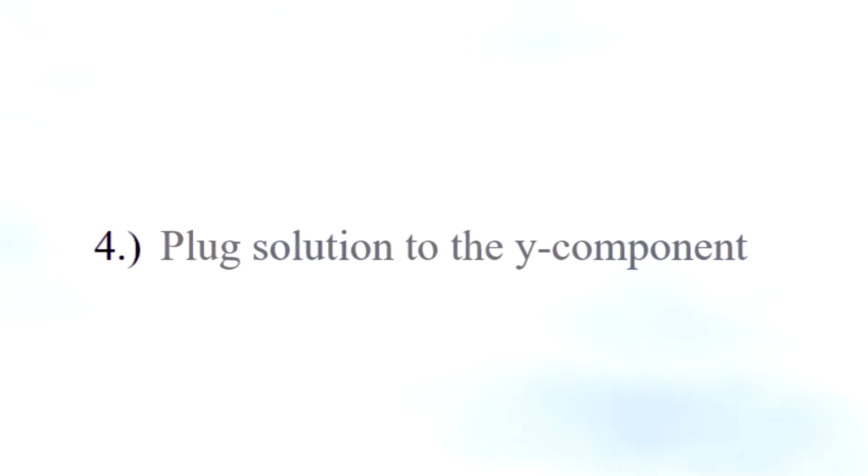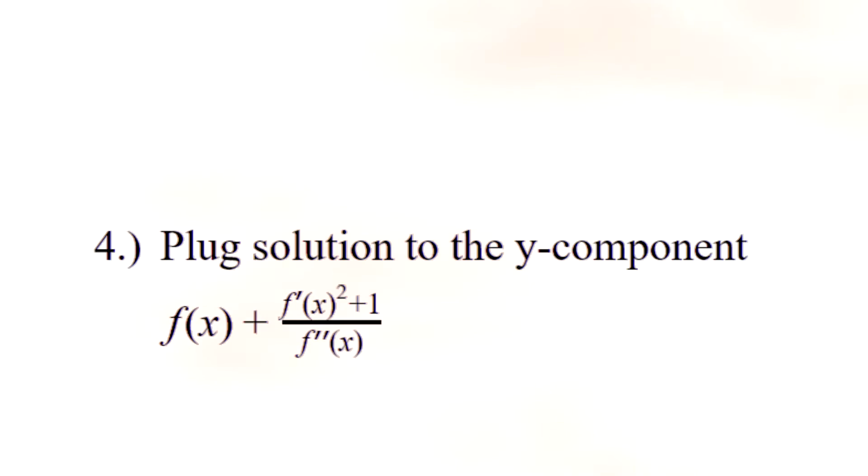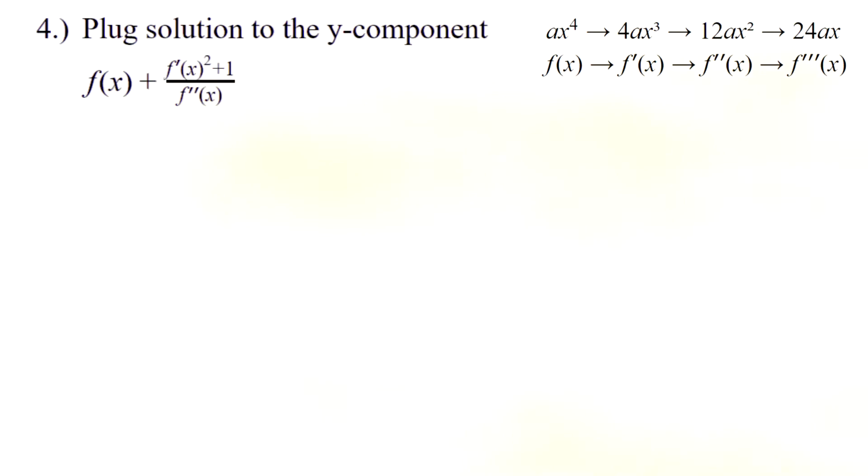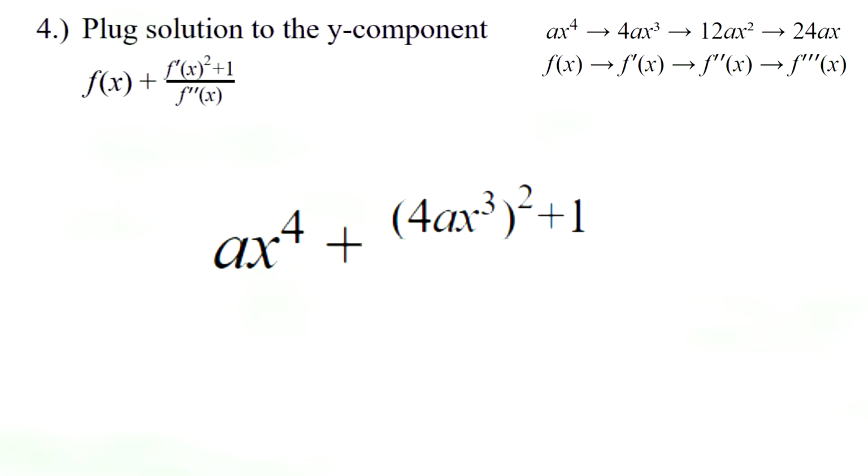Alright, step 4, where we have to find the y component, which is f of x plus f prime x squared plus 1 over f double prime x. Taking care of the f's, we get ax fourth plus 4ax cubed squared plus 1 over 12ax squared.